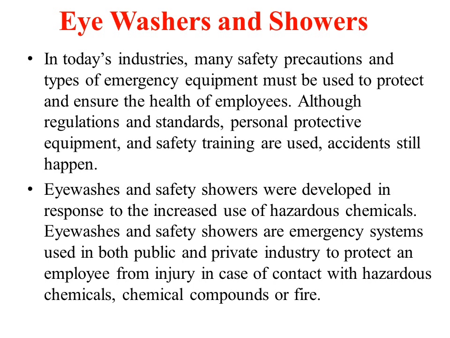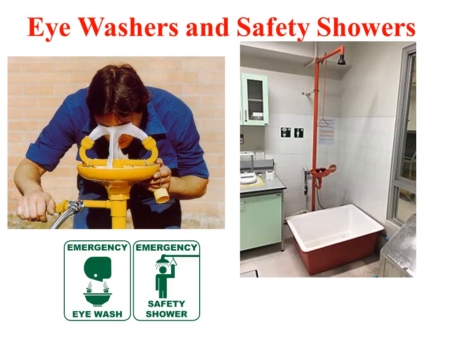Both these eye wash and safety showers are emergency systems, and they are used in both public and private industry to protect an employee from injury in case they come in contact with hazardous chemicals or chemical compounds, or even fire. The main purpose of eye washes and showers is that they are usually used in chemical industries.